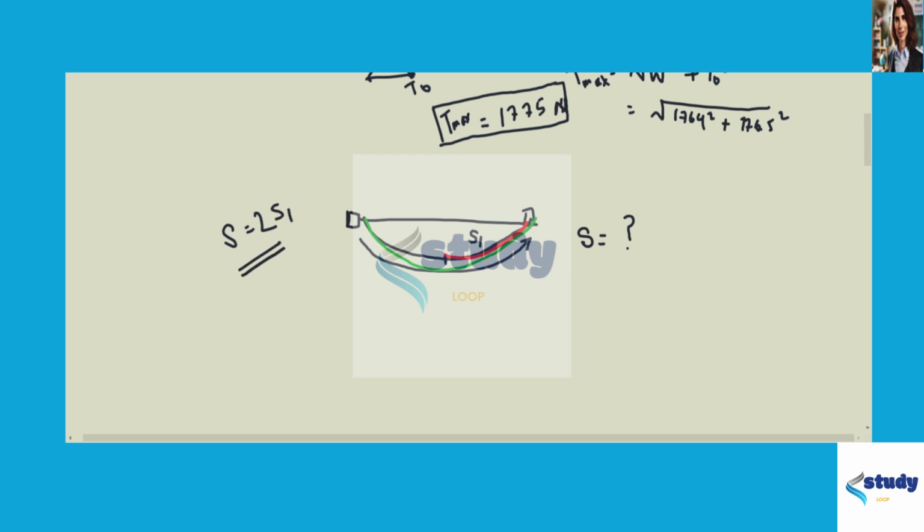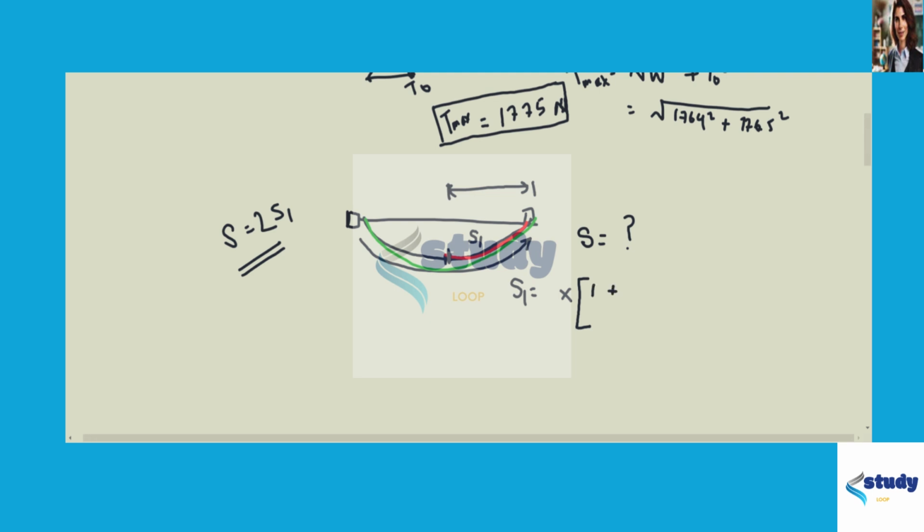Okay. So we have a formula to get S1, that is equal to x times, x means the coordinate of any point from the origin. So if we are taking this part as x, then x here is 30. So let me write the formula first.